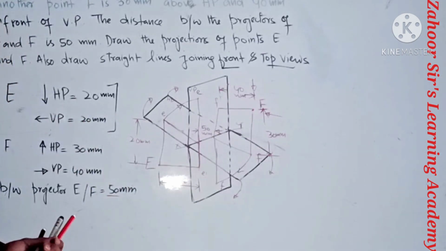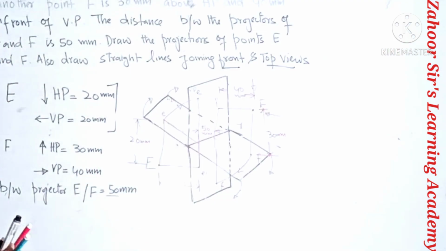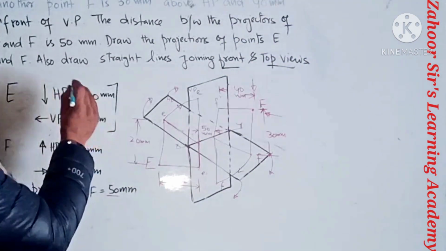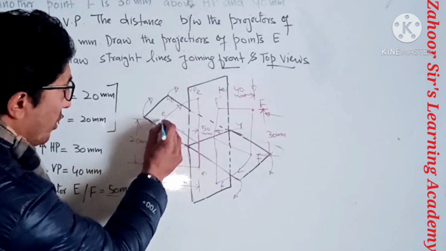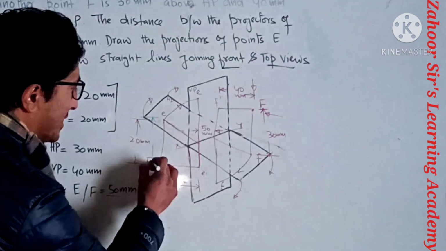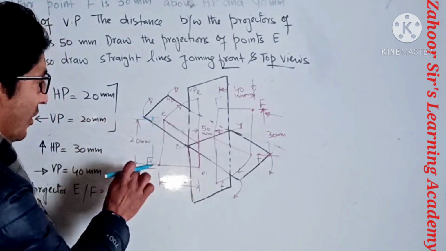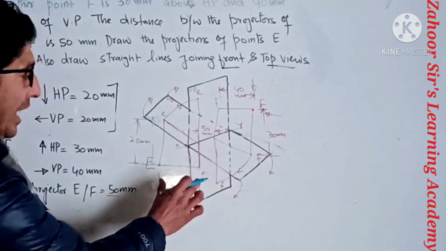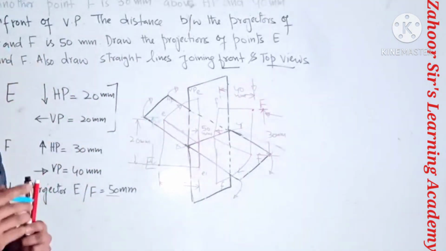Similarly, if we take the point E, point E was below HP, that was 20 mm, as already given, and it was behind VP, which has also been given.